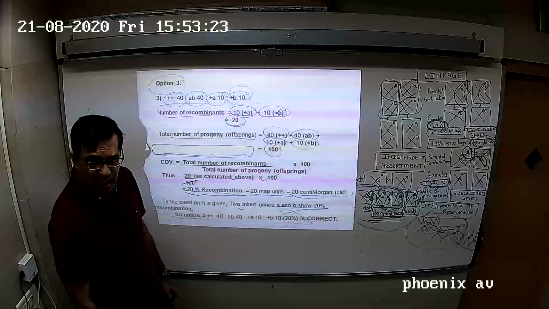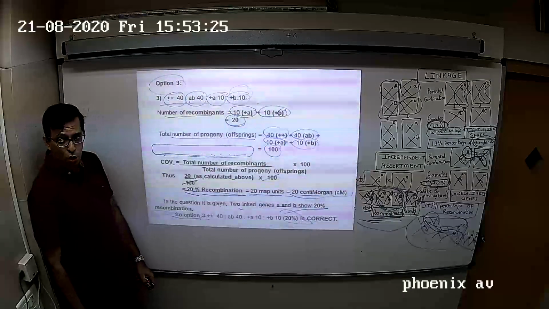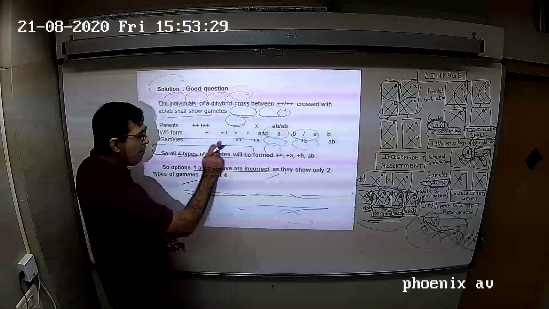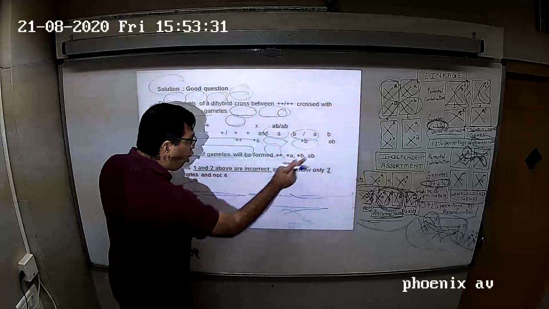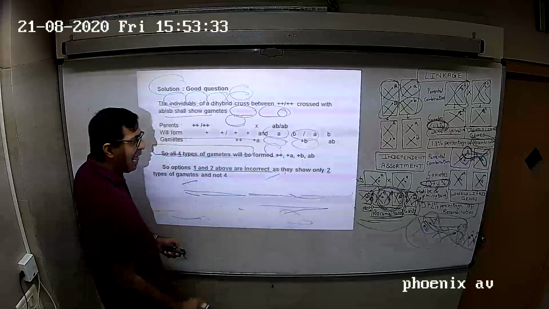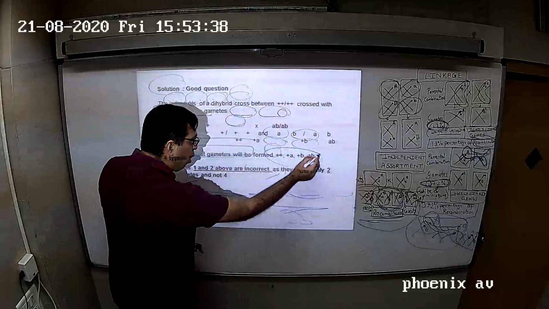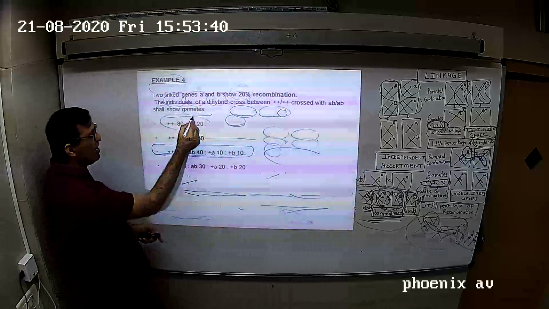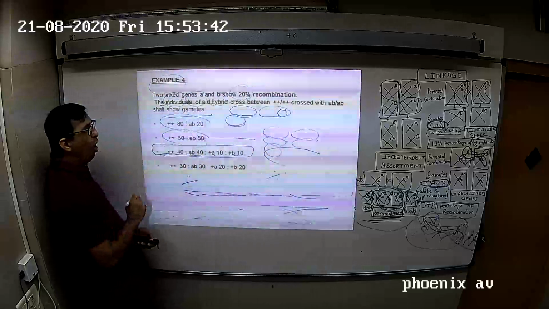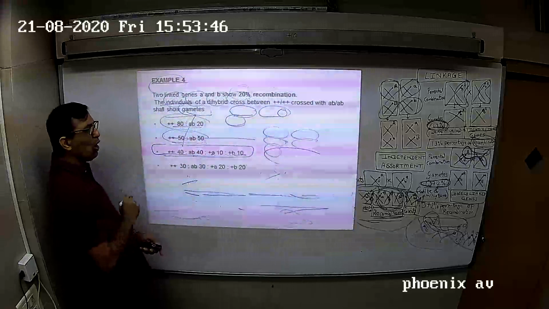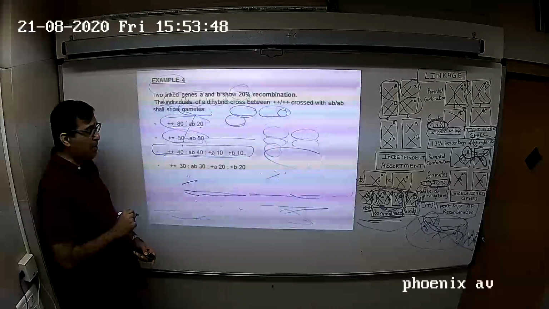बहुत अच्छा क्वेश्चन था. I hope you all have understood this well. So what did we do in this question? By forming gametes, we know there are 4 types of gametes. So options 1 and 2 are wrong. ये gametes बन ही नहीं सकते हैं क्योंकि इसमें सिर्फ दो गैमेट्स हैं, 4 टाइप के गैमेट नहीं हैं.